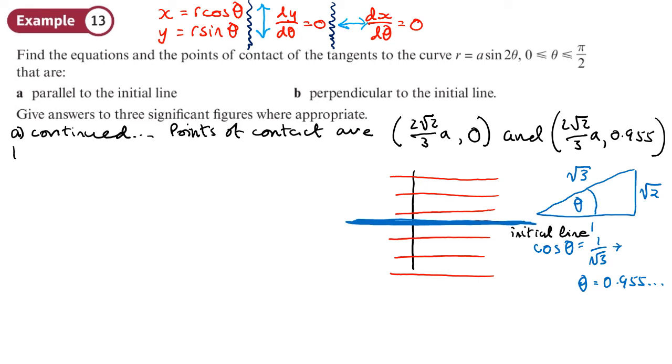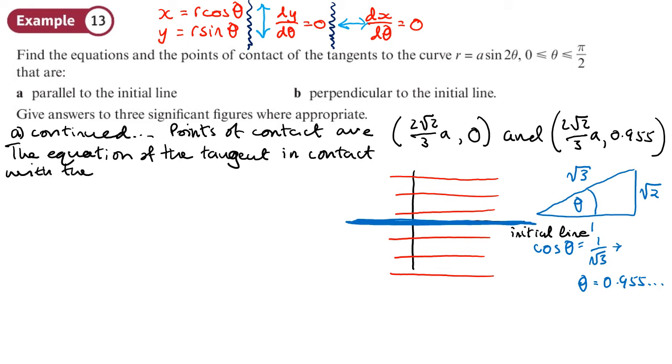So the equation of the tangent in contact with the point 2 root 2 over 3a comma 0 is the initial line.